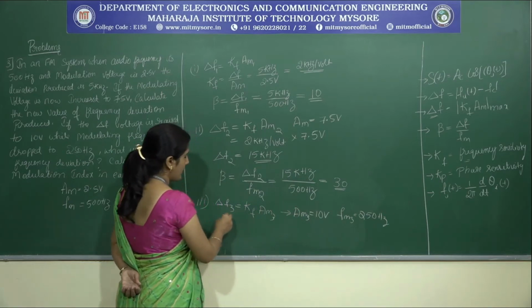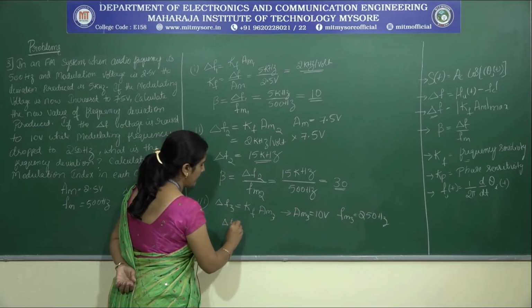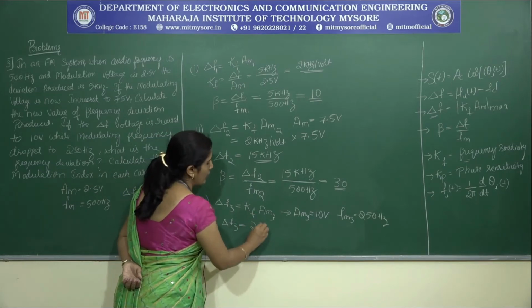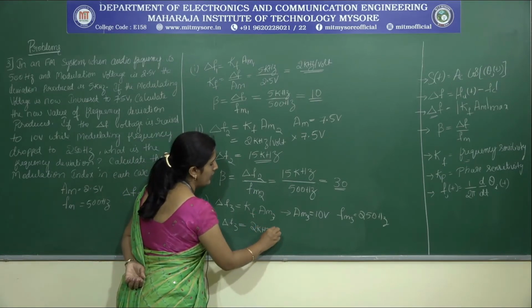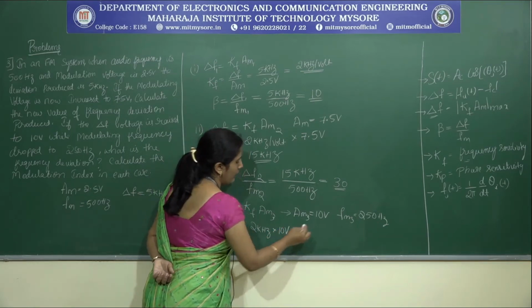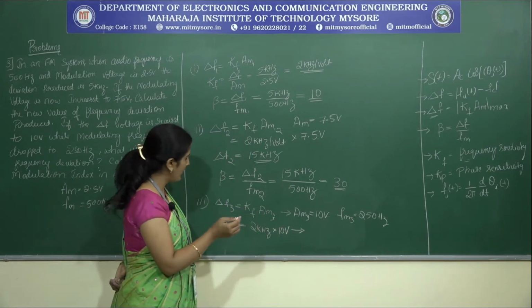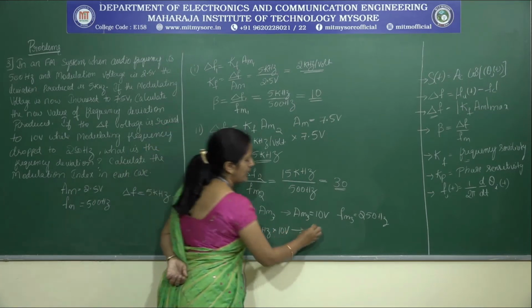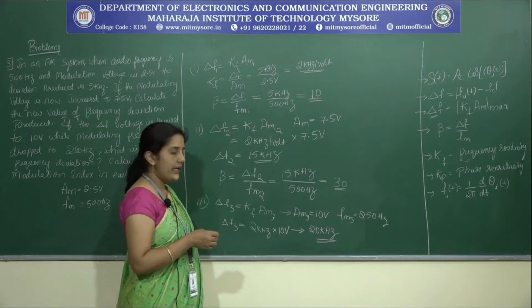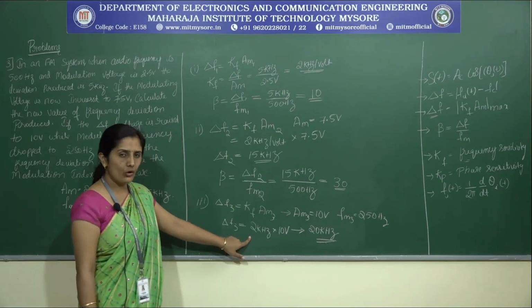After substituting this, delta F3 is equal to Kf, which we already know is 2 kilohertz, into Am3, which is 10 volt. Now we get delta F3 as 20 kilohertz.